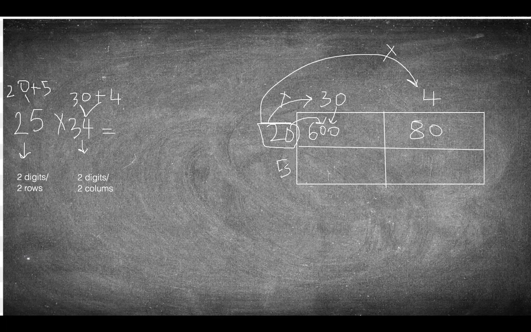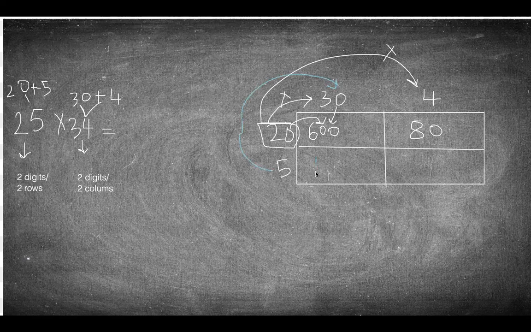I am going to move to the second row, and I'm going to multiply 5 times 30. Okay, let me do a different color so you can see it. Okay, let's do blue. Hopefully that works. Pretend the 0 is not there.